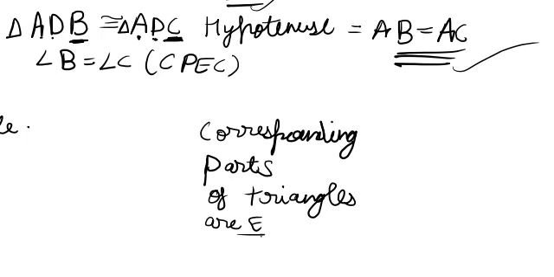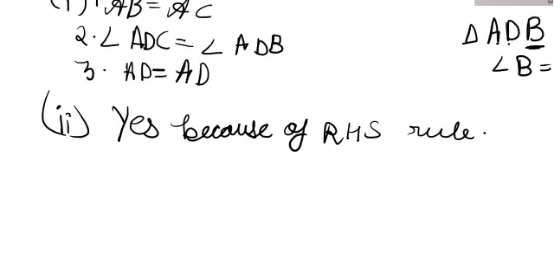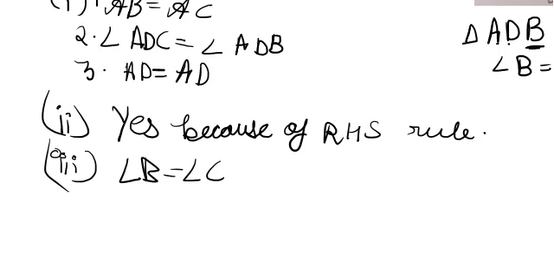This is what it is basically. You have CPCT, or you can say CPC as well. There are many ways in which we can say this. It is not necessary that you write CPCT only. Fine. So this becomes the third part, right? What does it become? This means that angle B equals angle C because of CPC, CPCT, whatever you feel like.